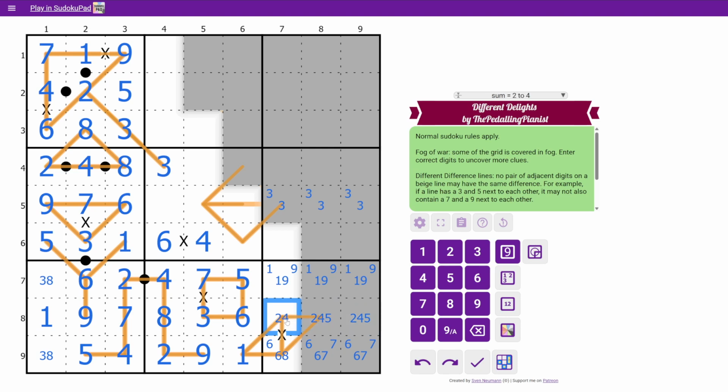So if this was 4, 6, it could not be a 2. It could not be a 4. It could be a 5.